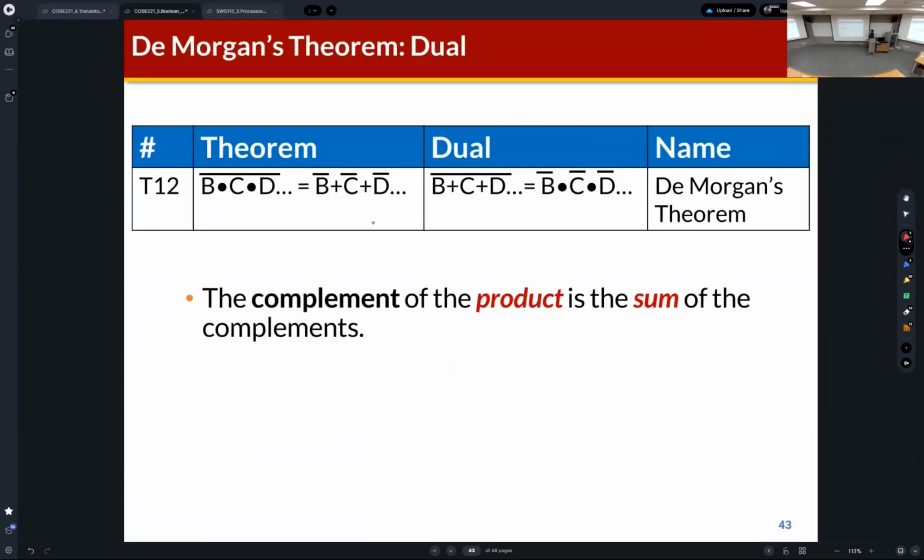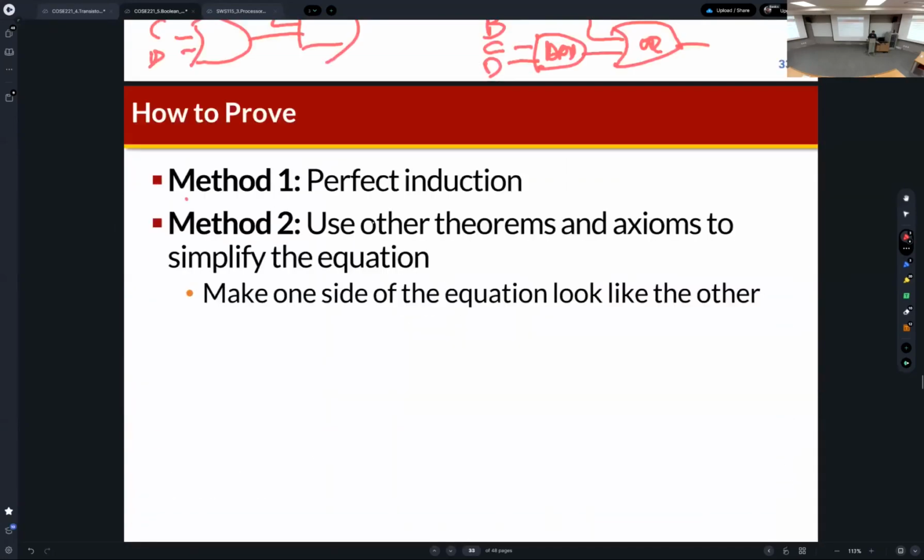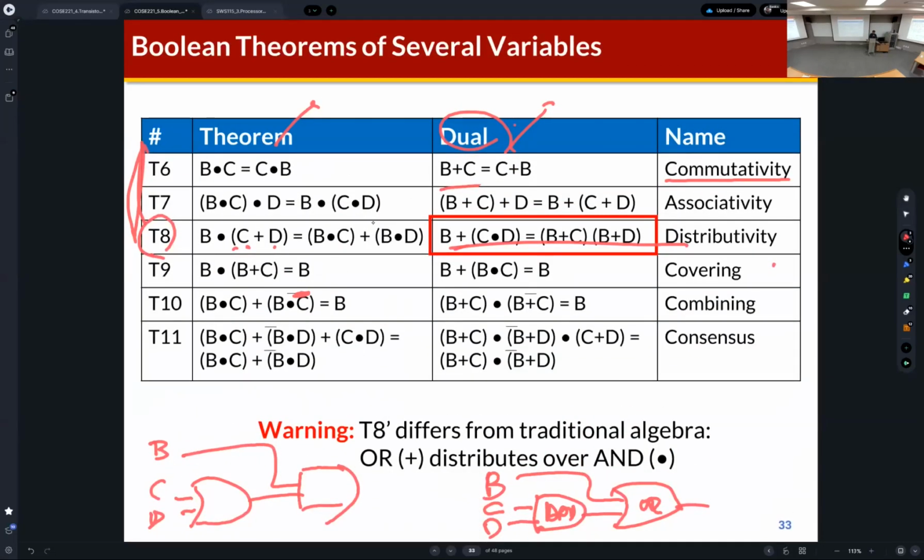But I want to introduce another important theorem. It's called the De Morgan theorem. It's very important actually. I believe you can easily understand the other theorems like commutativity, associativity, and distributivity. And by using these simple theorems, we can prove that these theorems are true in Boolean equations or Boolean algebra.